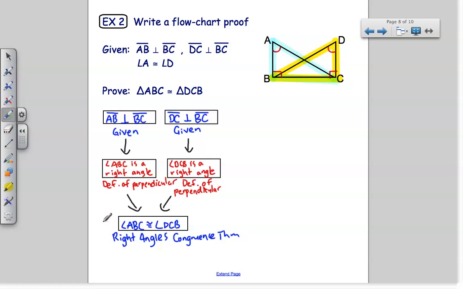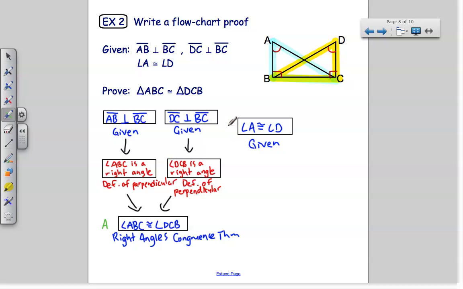Okay, I did all of this to show I have one pair of angles being congruent. I have two right angles. I'm going to go back up towards the top, and I'm going to write in our other given. Remember, we also have this given to us, that angle A is congruent to angle D. Reason underneath, it was given.